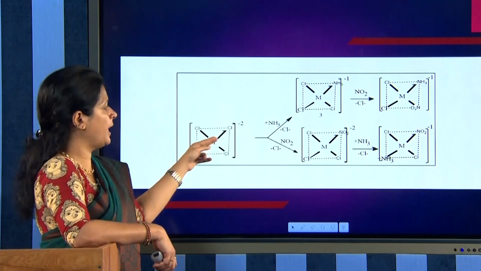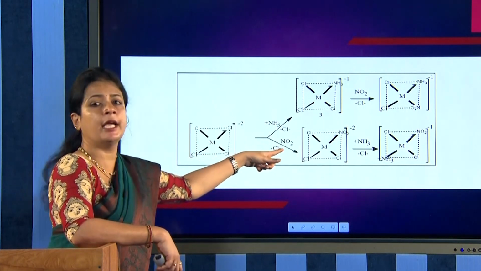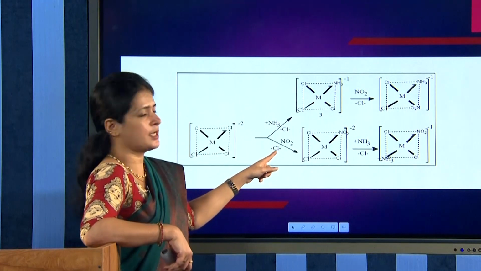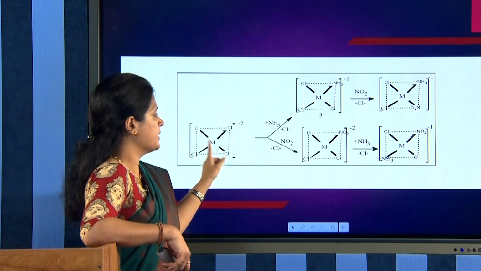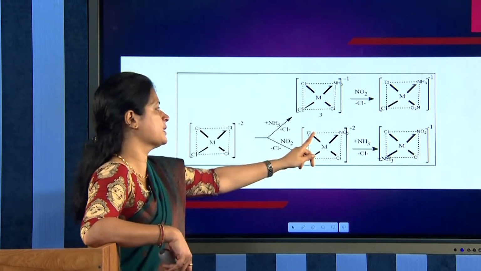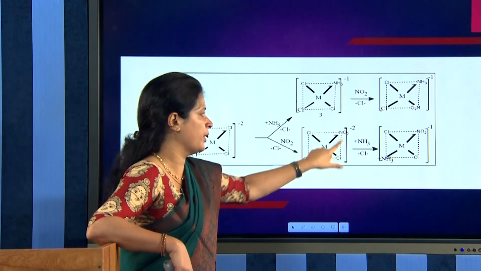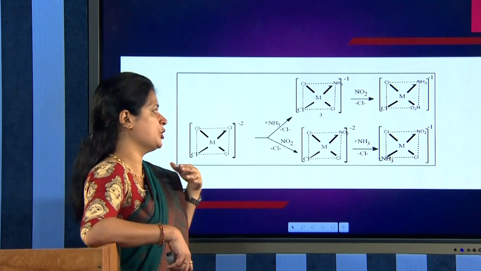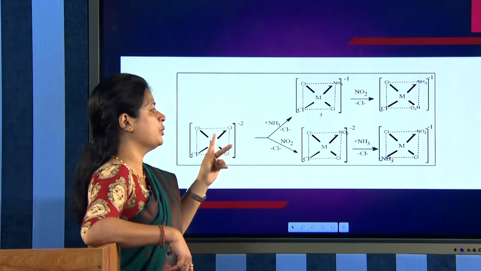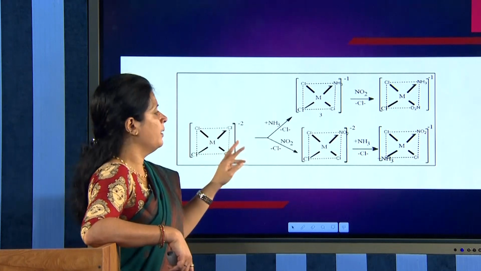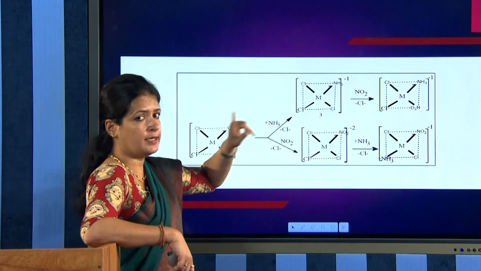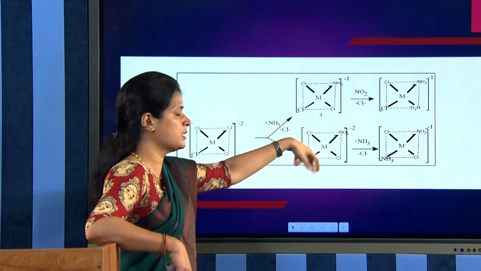And now, if the reaction is initially started with the NO2 minus ligand, what happens? See the reaction sequence. First, one Cl minus will be replaced by NO2, and I will get the product like this. If I am adding an NH3 ligand to that, now the situation is different, because I have to consider the trans directing ability of the ligands already present here.